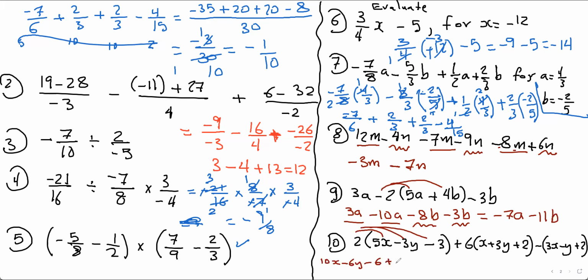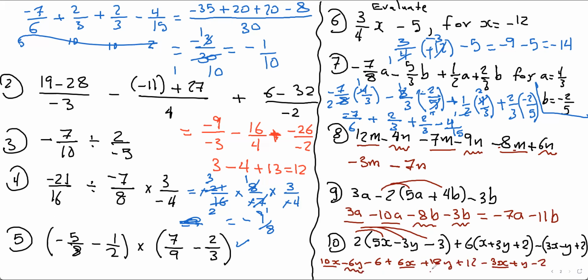So 6 times x is plus 6x, 6 times 3y is plus 18y, 6 times 2 is plus 12. And then we have a negative in front of the whole brackets. That's the sign changer. So that becomes 3x plus y minus 2. That's what I mean by sign changer. Every sign here changes.